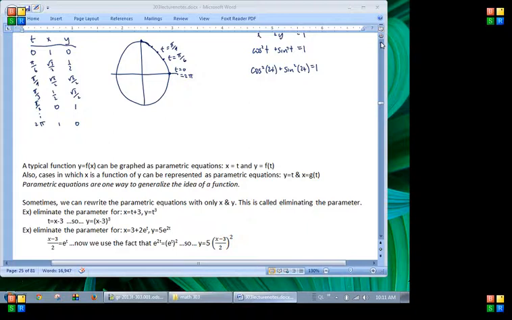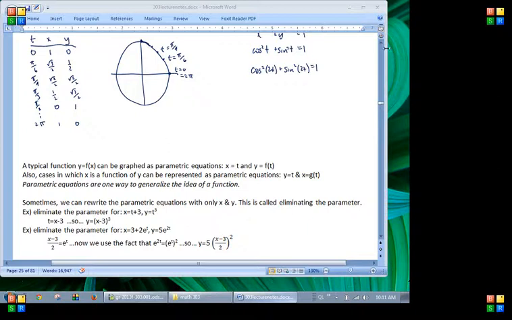So now y equals 5 times (e to the t) squared, so y equals 5 times ((x minus 3) over 2) squared. So those are two nice examples, one simple, one a little more complicated, of how you can eliminate the parameter.